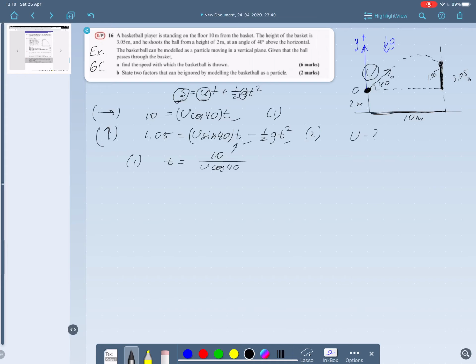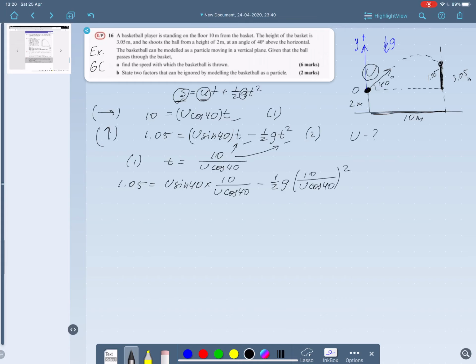And now let's substitute it into the second equation to get 1.05 equals u sin 40 times 10 over u cos 40. Don't rush, do it all step by step carefully, because quite a lot of calculations here and quite a lot of manipulations with the terms and equations. So minus half g, and it's 100 over u cos 40 all squared.